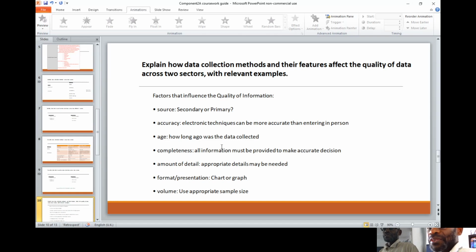They use the right graph, they use the right amount of information. It is much easier to consume that information.